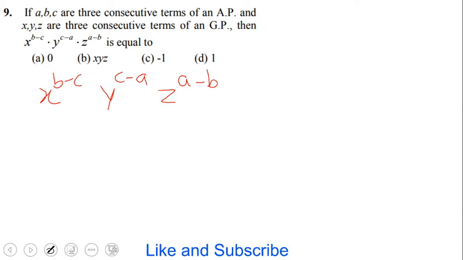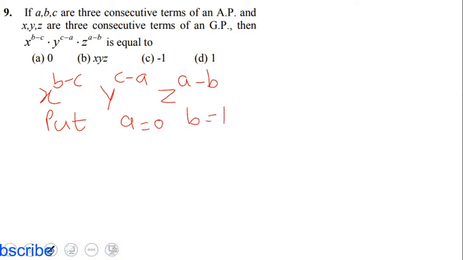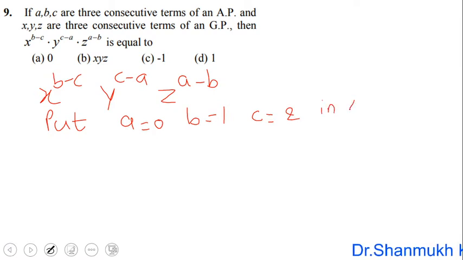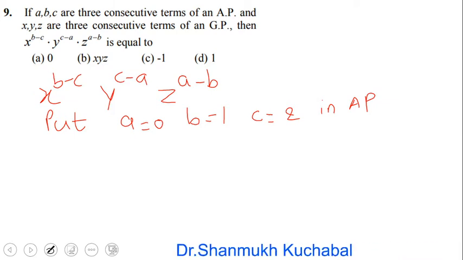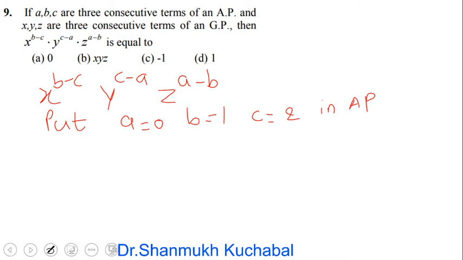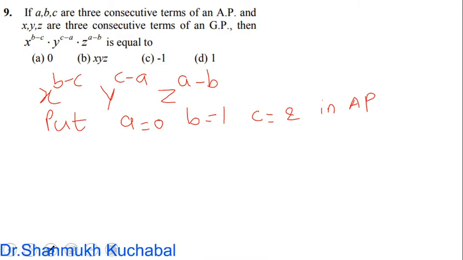Further, I am going to put a equal to 0, b equal to 1, c equal to 2 in arithmetic progression, because it satisfies the arithmetic mean condition, 2b equal to a plus c.